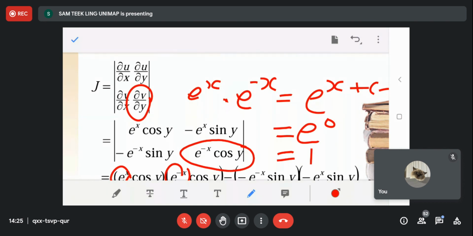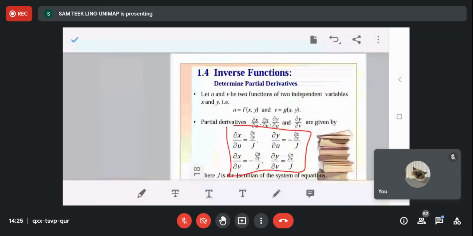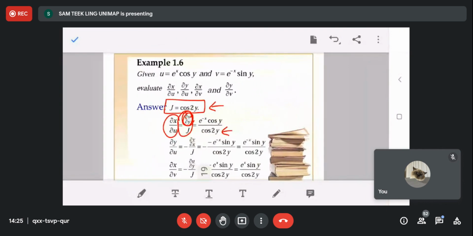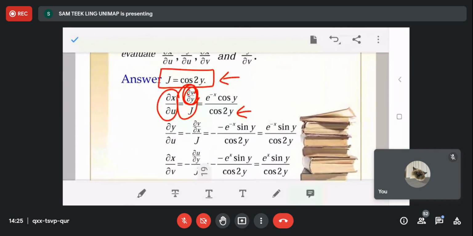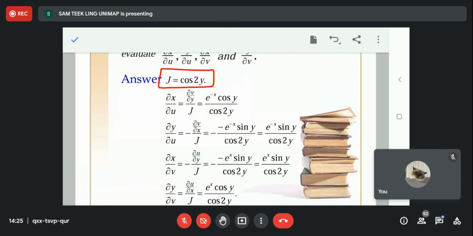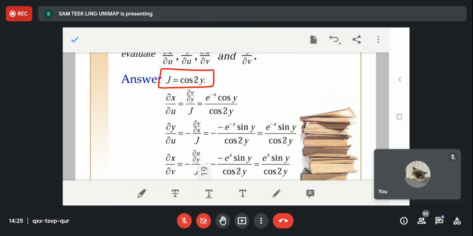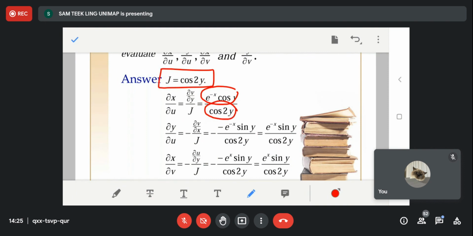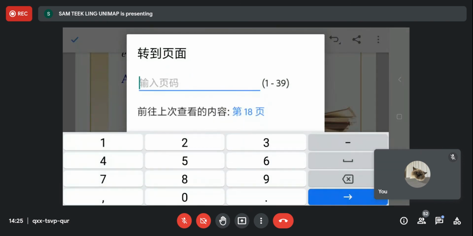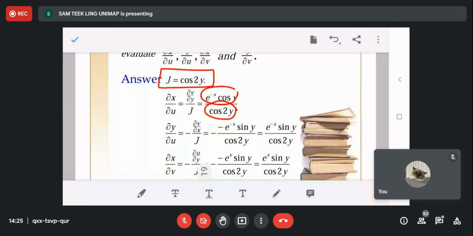You can directly use it, no need to recalculate. So the v, the y you copy, then put into the formula, and divide. You only apply the formula.